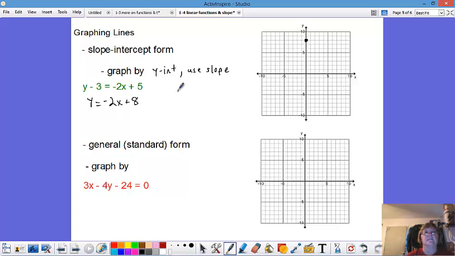Well, let's see. -2 can be written as the fraction -2/1, and the slope tells us the direction that we need to go from where we're at on the line to find other points. This slope is saying go down 2 while you go right 1. Down 2, right 1.